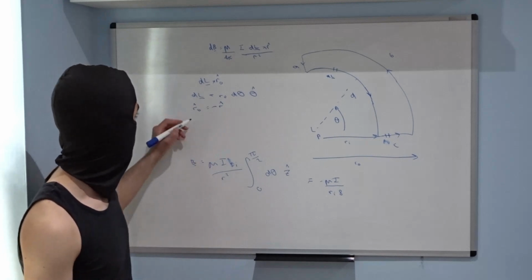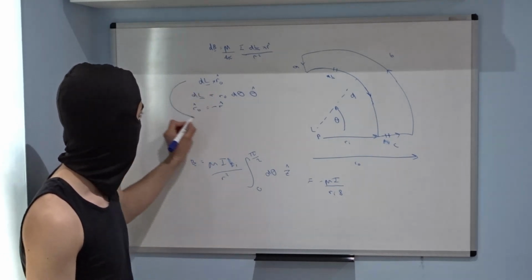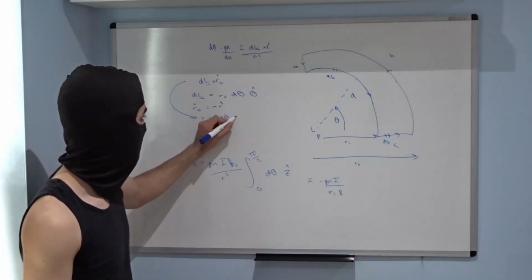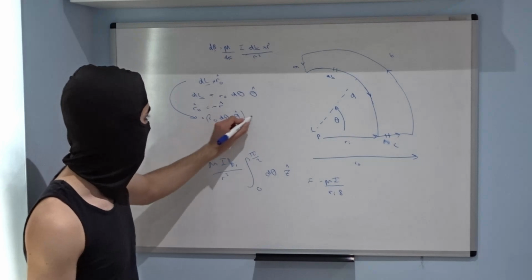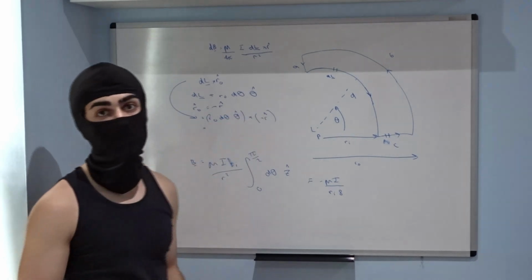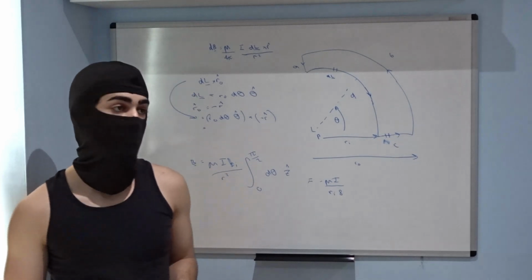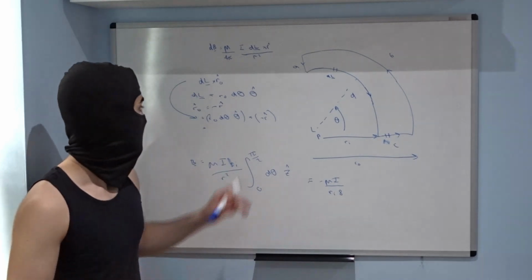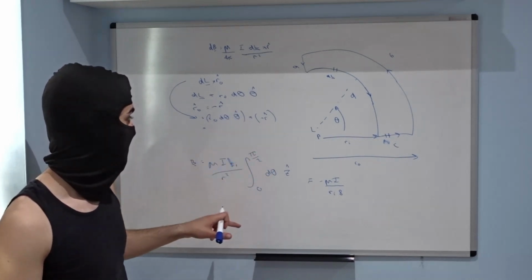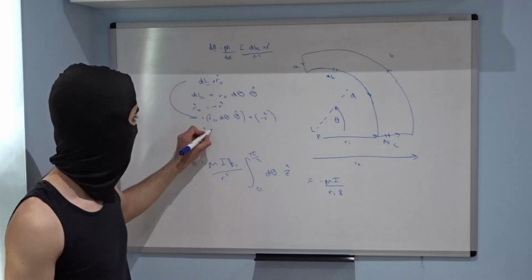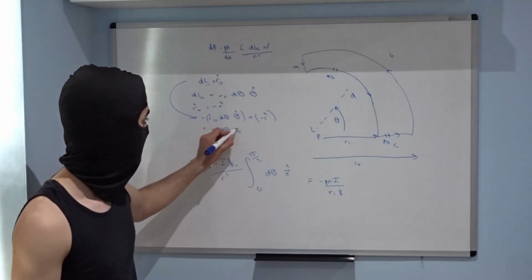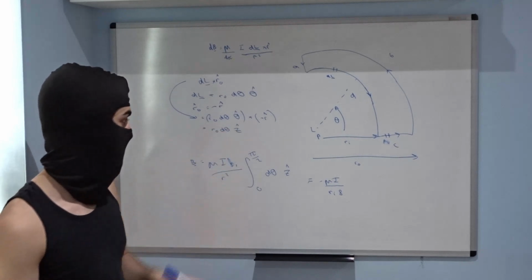Do the same thing as before, times these two. We're going to get R0 d theta theta hat cross with minus r hat. Again, Cartesian coordinates work differently to cylindrical coordinates when you cross product. Theta hat cross with minus r hat is going to give us positive z hat. So that's coming out of the page.